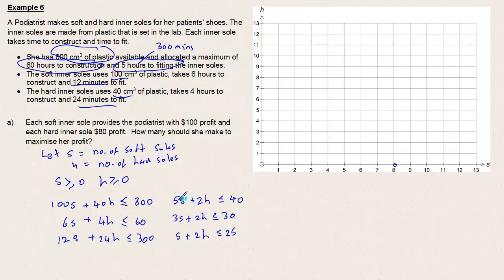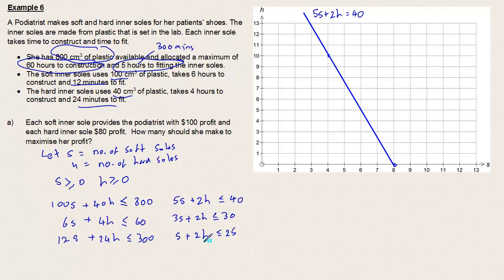Then this is 20 plus 2H is 40, so 2H is 20, H must be 10. So that's going to go through the point 4, 10, which is just here. So that's our first one, just like so. And we can label that one: 5S plus 2H is equal to 40.